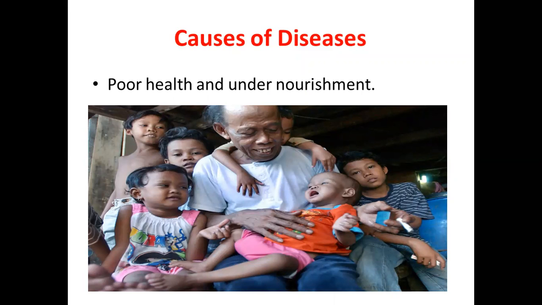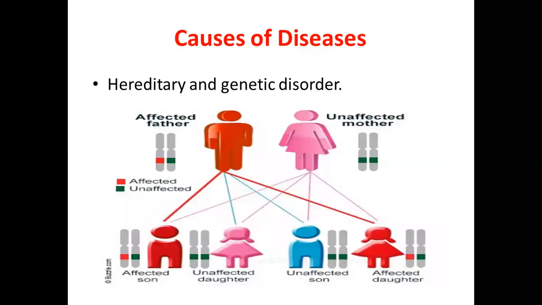Means these factors give the favorable condition for the diseases, right? It may be a lack of good nourishment, or because of poverty they do not get any kind of food, so that's why they are suffering from malnutrition, right? This is one type of factor.